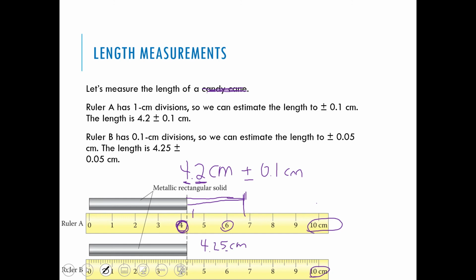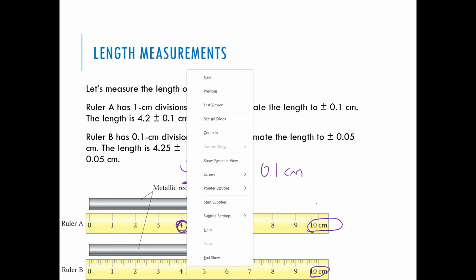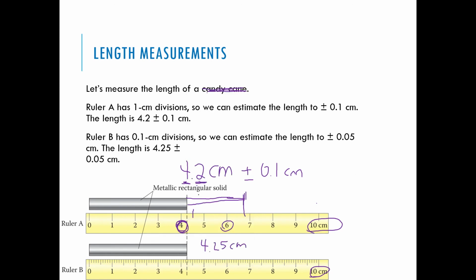I can be exact to the tenths, versus ruler A, where I was exact only to the whole number and estimated to the tenths. Here, I can be exact to the tenths and estimate to the hundredth.